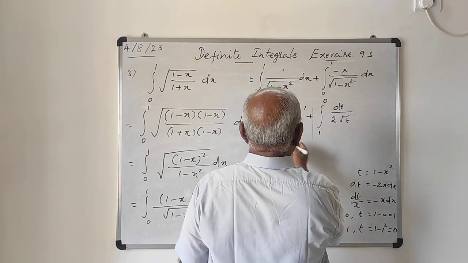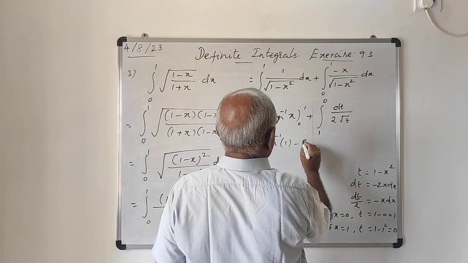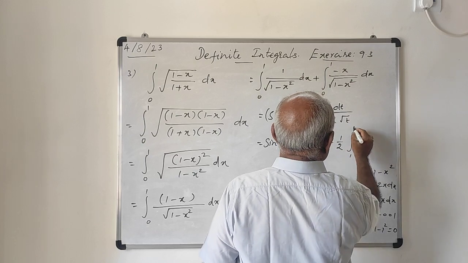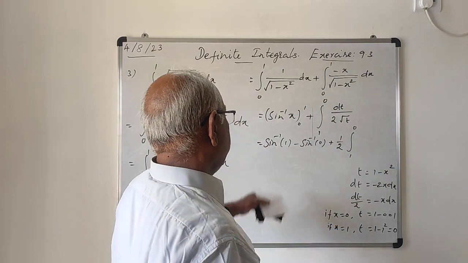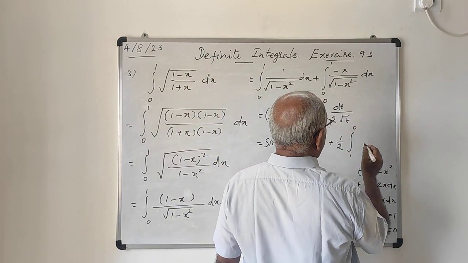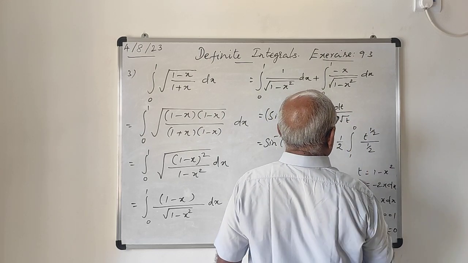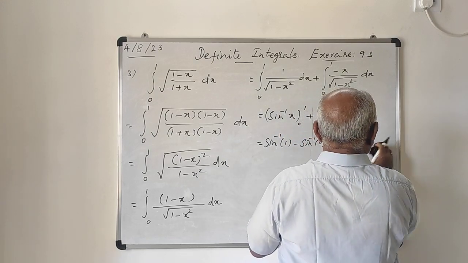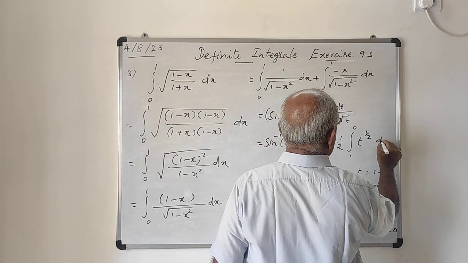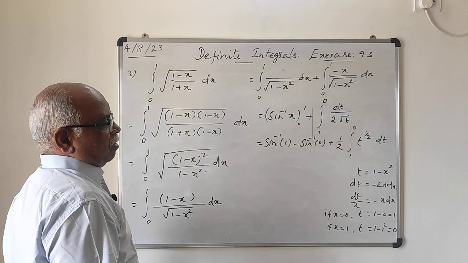So this is sin inverse x, upper limit sin inverse 1 minus sin inverse 0, plus 1 by 2 into the integral from 1 to 0 of dt by root t. Root t is expressed as t power minus half, and integrating gives t power minus half plus 1 over minus half plus 1, which is t power half.